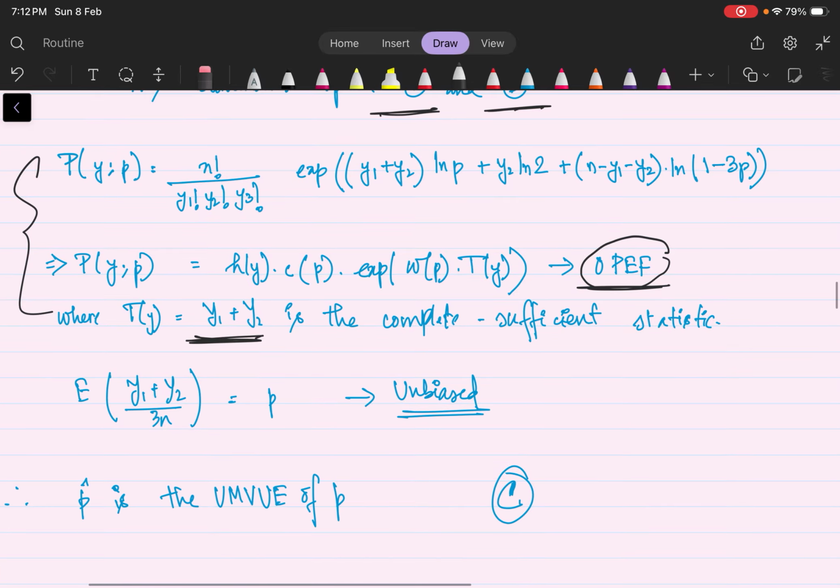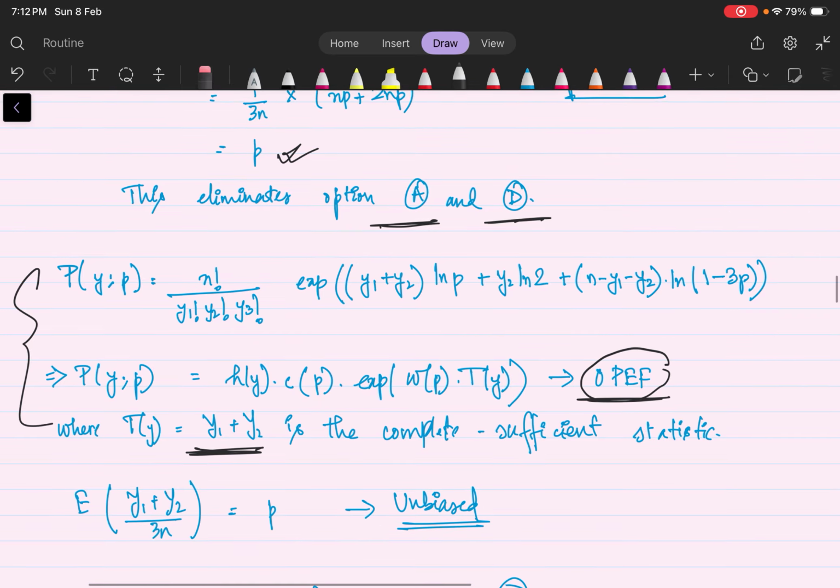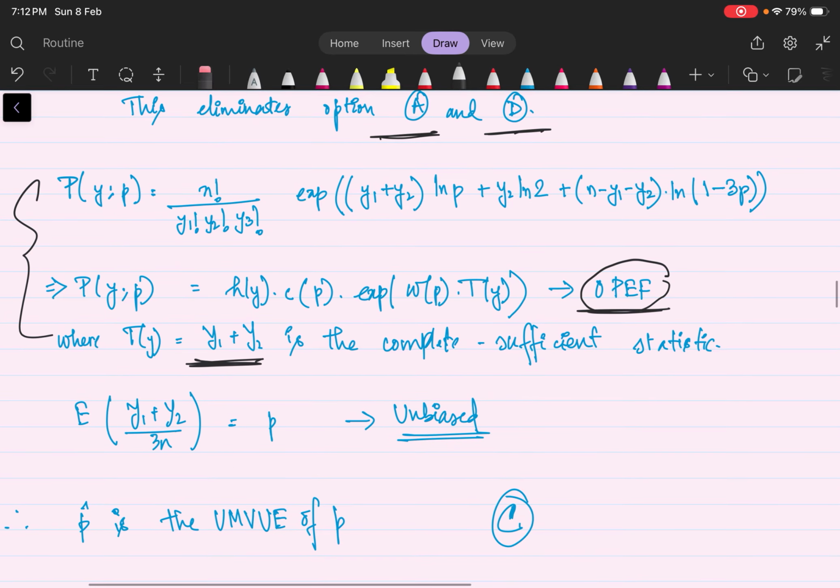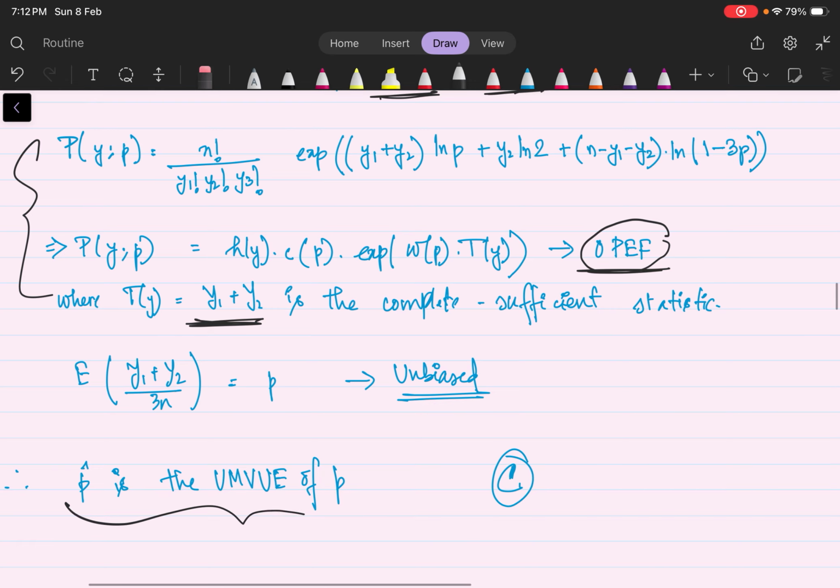Expectation of y1 plus y2 by 3n equal to p, that we have already seen, it is unbiased, right? And thus p hat is the UMVUE of p, and thus option C is correct.